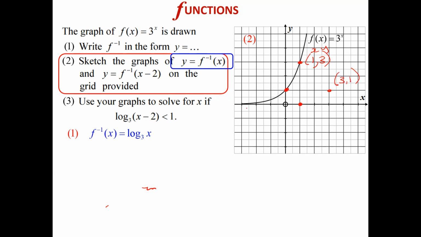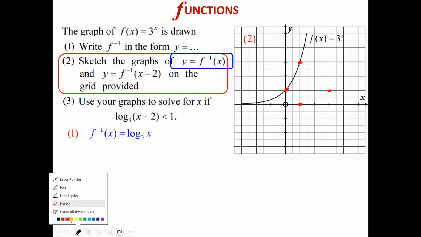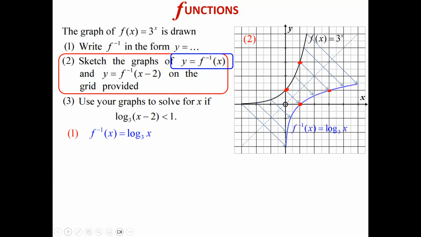And we know the x-axis is our asymptote, so for the inverse graph, the y-axis becomes the asymptote. Putting all that together, and I'm just going to delete that now to create a space to show you, you'll notice our key points have moved and we've drawn the log graph.